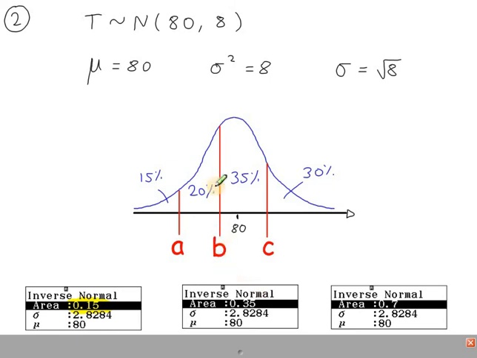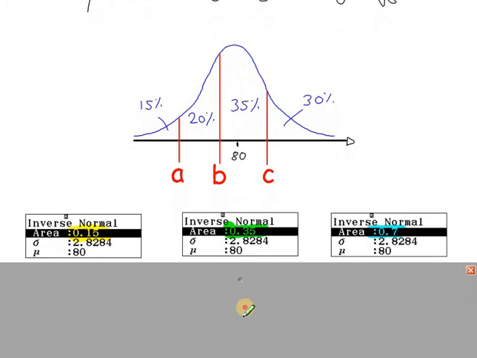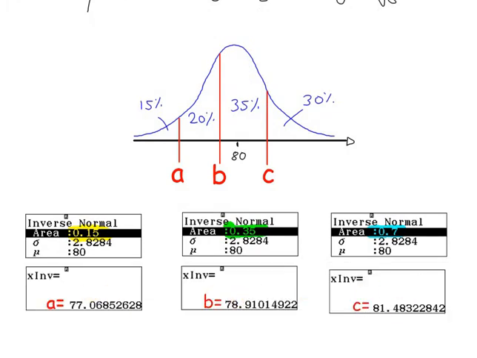To work out B, the cumulative probability to the left of B is 35%, so we're using 0.35. And to work out C, the cumulative probability to the left of C, and it's always to the left that we're looking for, will be the sum of the 15, 20 and 35%, so 70%, so the area this time will be 0.7. So we enter those values into the calculator and we work out A, B and C.